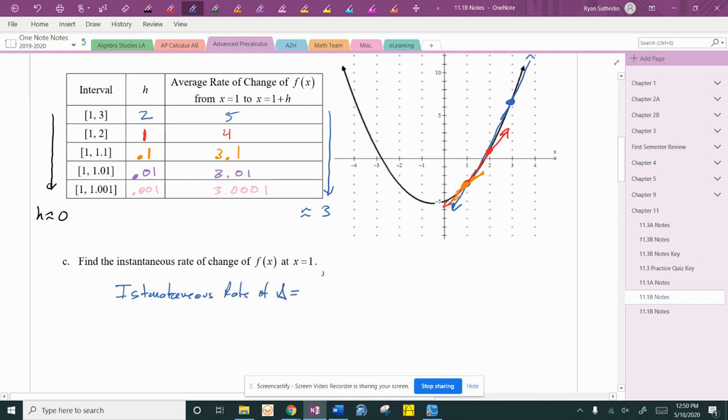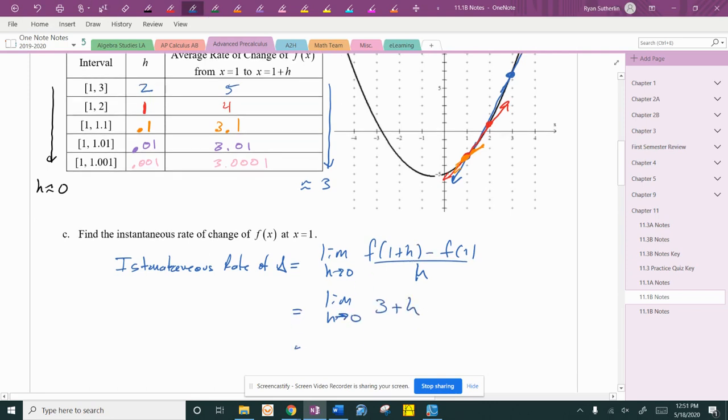I am going to take the limit as h approaches 0 of that difference quotient. And we showed in part A that that difference quotient simplified to just be 3 plus h, so that when I make h 0 to apply my limit, I get that the instantaneous rate of change is 3.